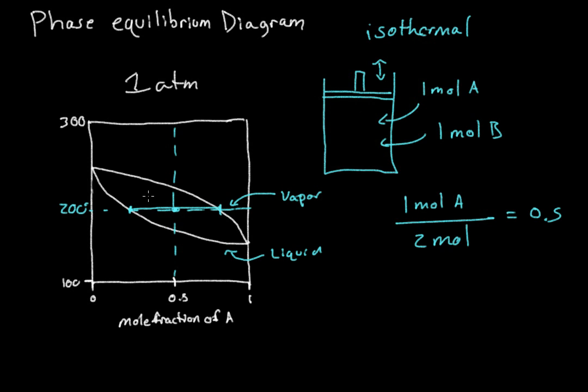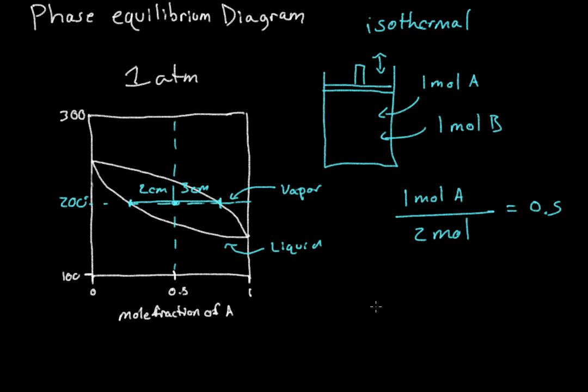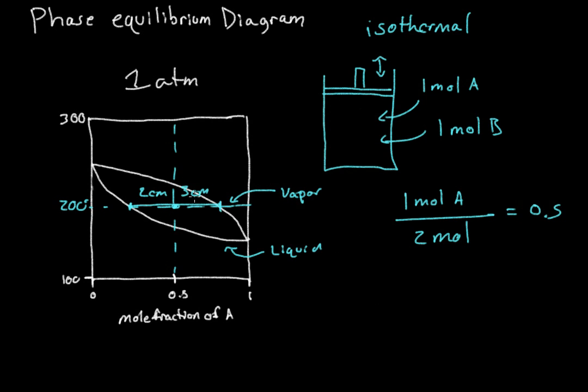I'm going to say that this distance is 2 centimeters, and maybe this is 3 centimeters. Now we're going to use the inverse lever rule to know what's actually in there. The total length of this is 5 centimeters, and 3 centimeters represents the liquid.